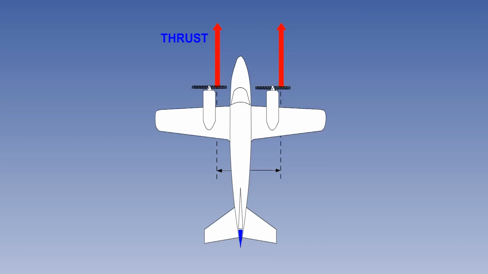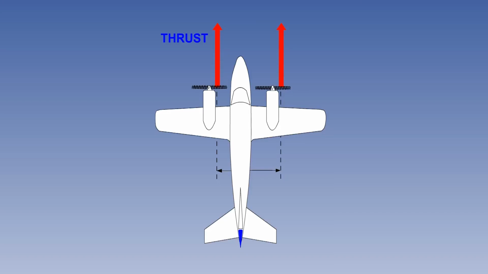At positive angles of attack, the thrust line of a propeller rotating clockwise when viewed from the rear is displaced to the right. This is because the downgoing blade generates more thrust than the upgoing blade. This phenomenon is fully explained in the lesson on propellers.